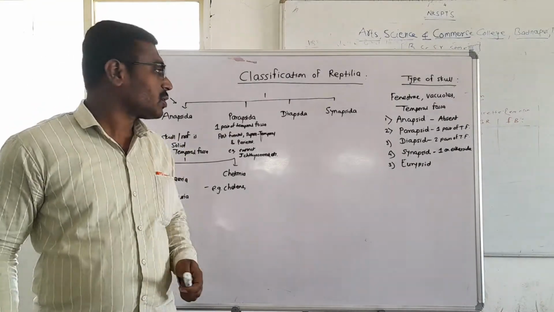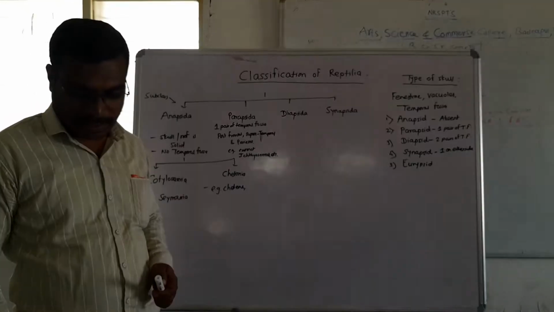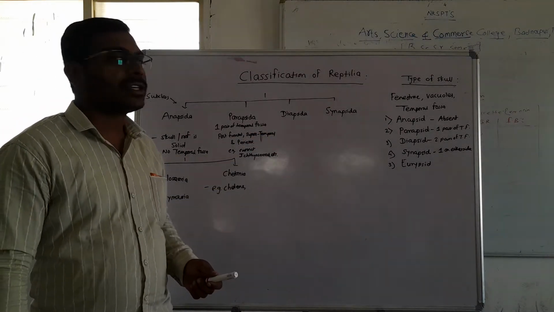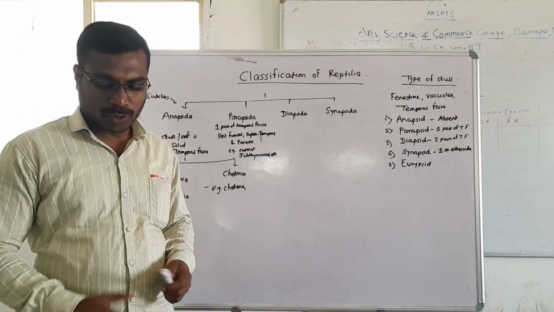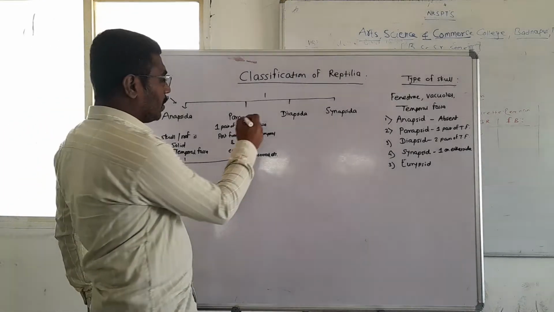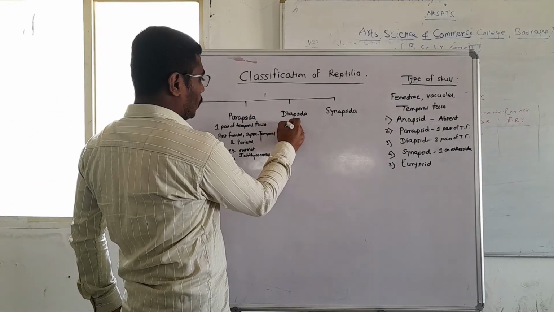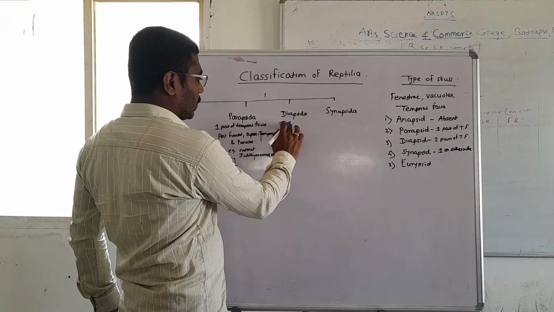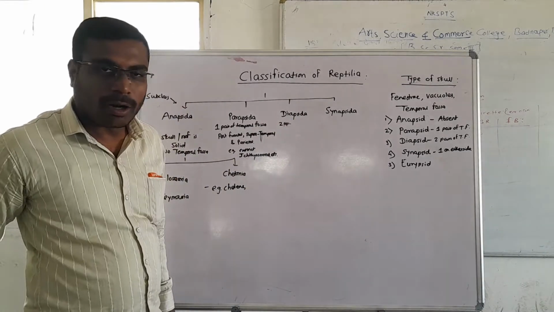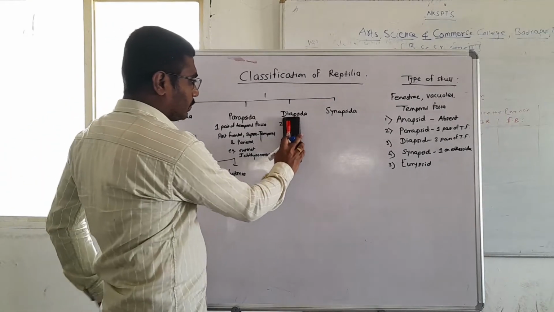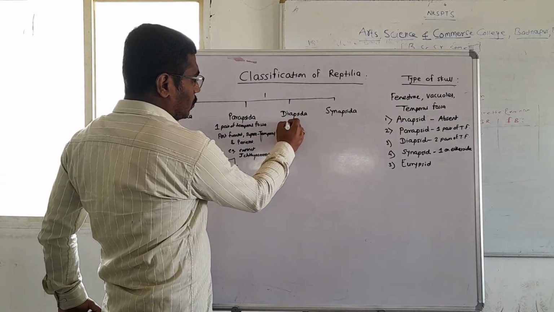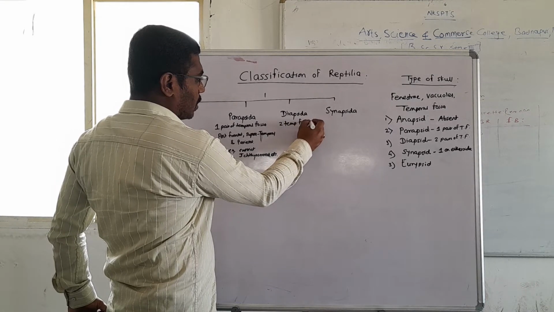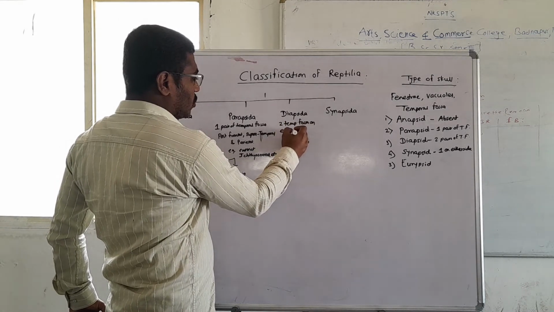Then we will see the next subclass, that is Diapsida. It is a major class in the classification of reptilia. It includes two temporal fossa on each side.